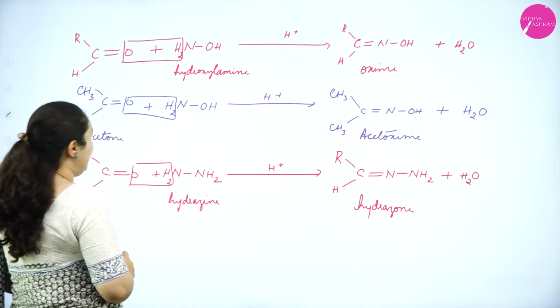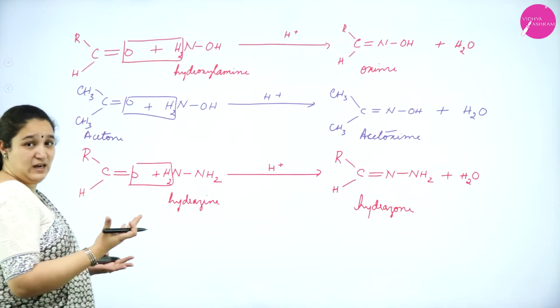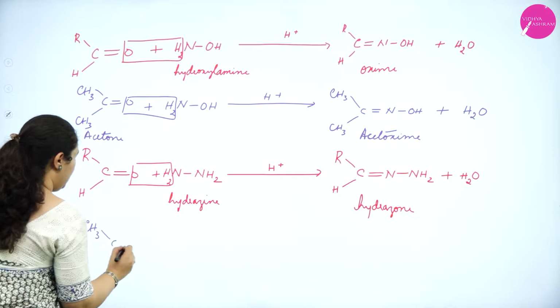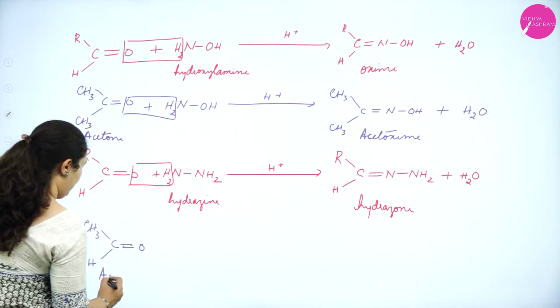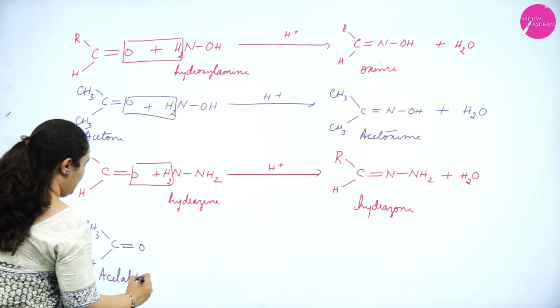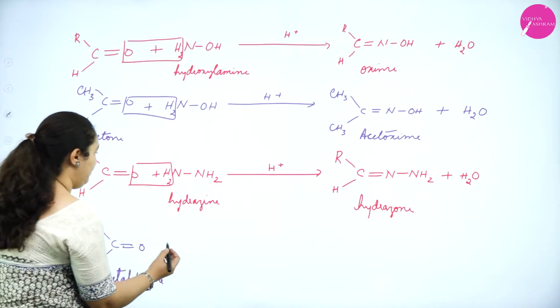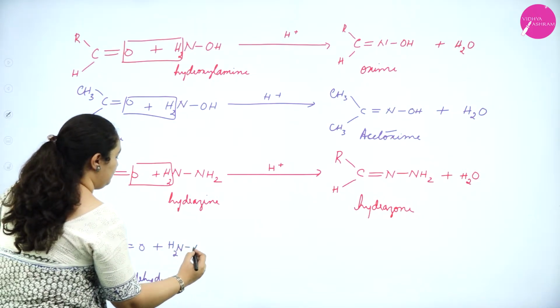Similarly, I can write the example for this also, that is, I'll take an aldehyde as an example. I'll take acetaldehyde, CH3, C, double bond O, H. This is what? Acetaldehyde, okay, with hydrazine.